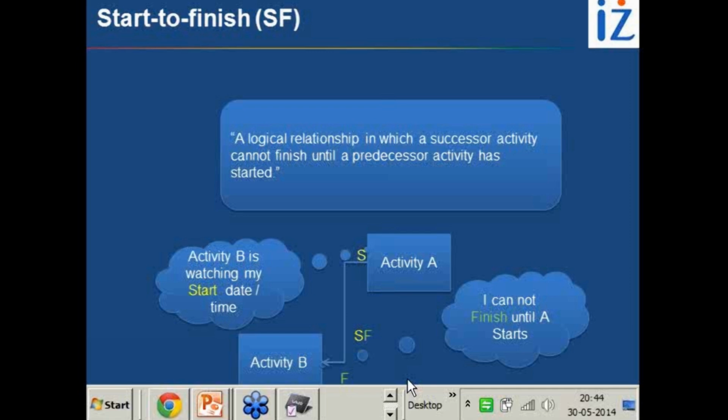A lot of times we get confused, assuming this SF relationship is an FS relationship.